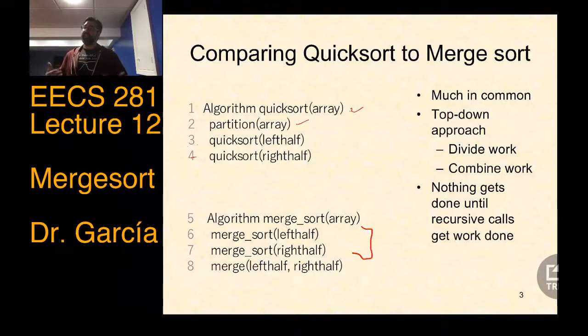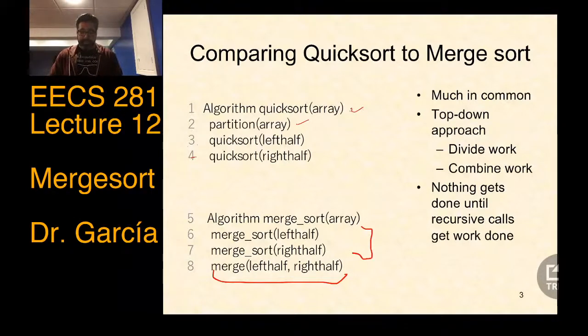And then as it comes back from all those recursive calls, that's when it's actually going to do the work, which is the merging. Okay? Actually, using the finger is not as bad as I thought. So really no work gets done until you get to the merge function, which we're going to talk about in the next couple of slides.